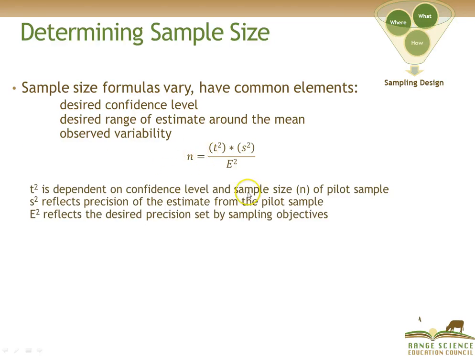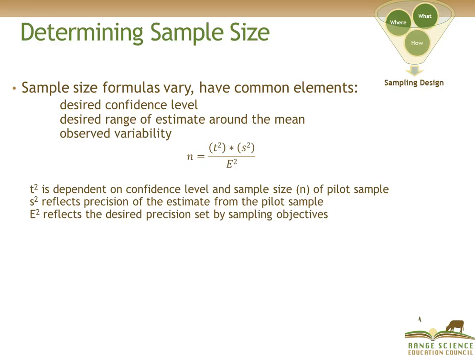So in this case, t-squared represents the confidence level that was set, s-squared represents the precision that was observed in the estimate from the pilot sample, and e-squared reflects the desired precision that is set by our sampling objectives.